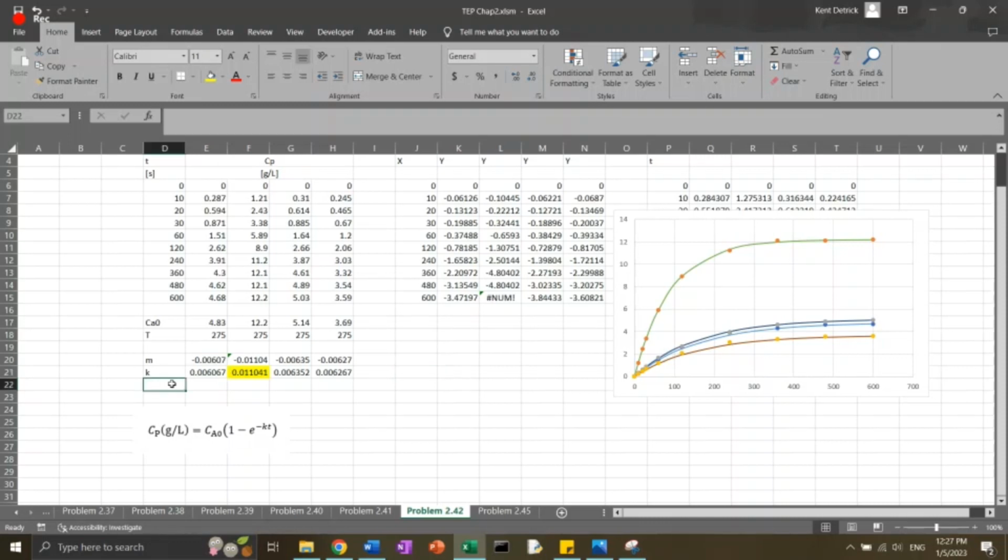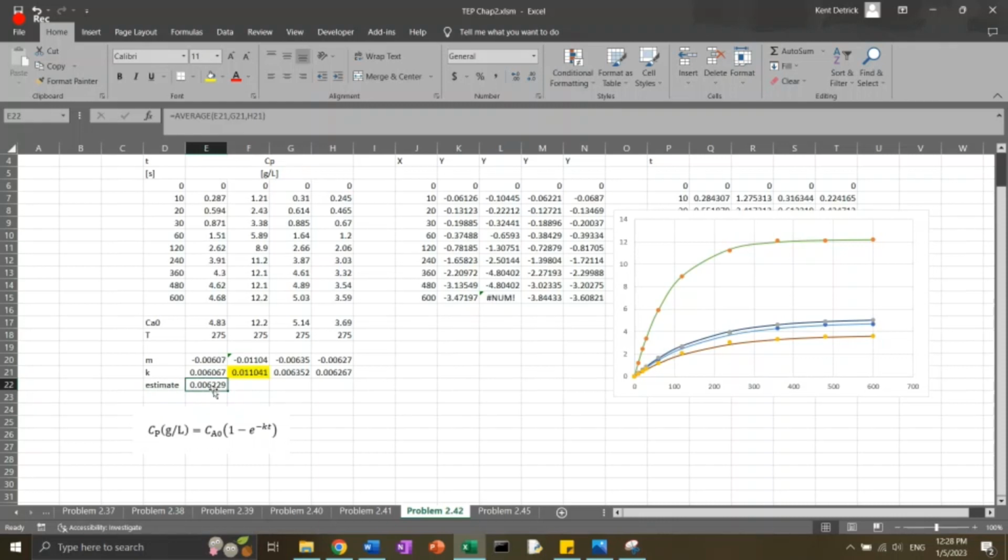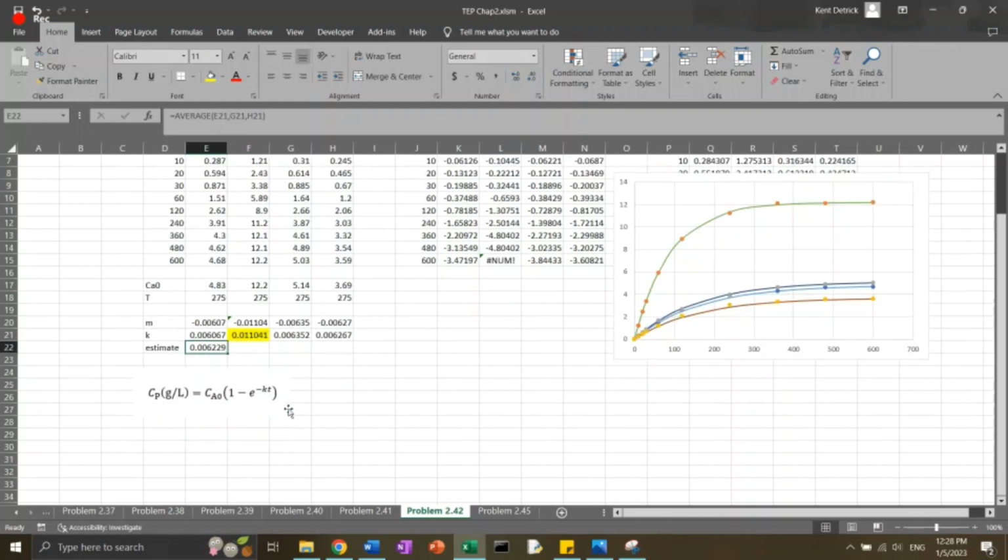So we can say that a good estimate for the K is the average of these three values. Something went wrong with lab 2. So that's a pretty good estimate for what K is, as far as we know. The reason why we're leaving this one out is because it's an outlier.